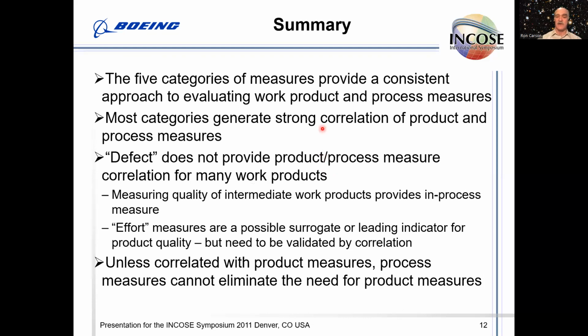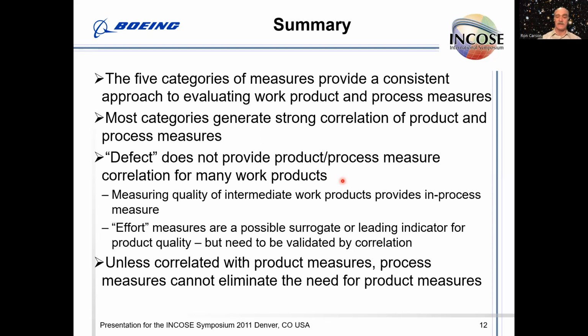Most of the other categories provided a strong correlation because we're primarily relying on earned value management with respect to 3 of the 5 areas. So that's useful in establishing the product and process measures in those generic categories. The defect category does not provide very many product and process measures that correlate for many of the work products.